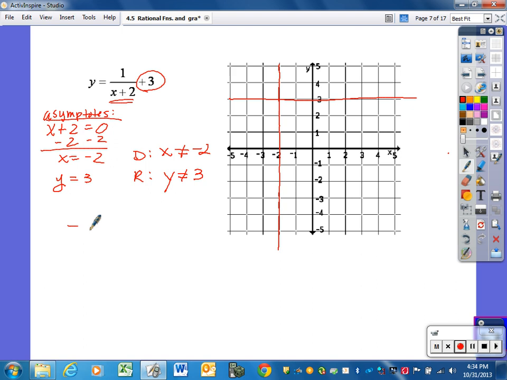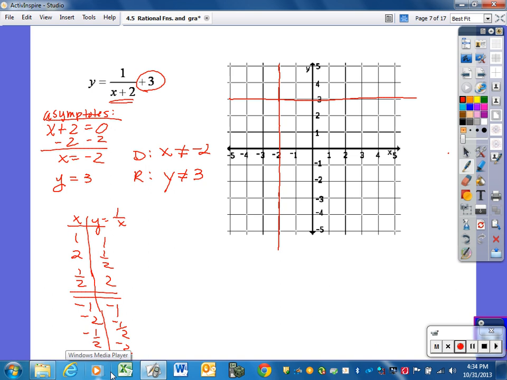And now we can do our parent function. 1 over x. 1, 1, 2, 1 half, 1 half, 2. And the negatives. Negative 1, negative 1, negative 2, negative 1 half, negative 1 half, negative 2. So from our asymptote origin, we're going to plot 1, 1, 2, 1 half, 1 half, 2.